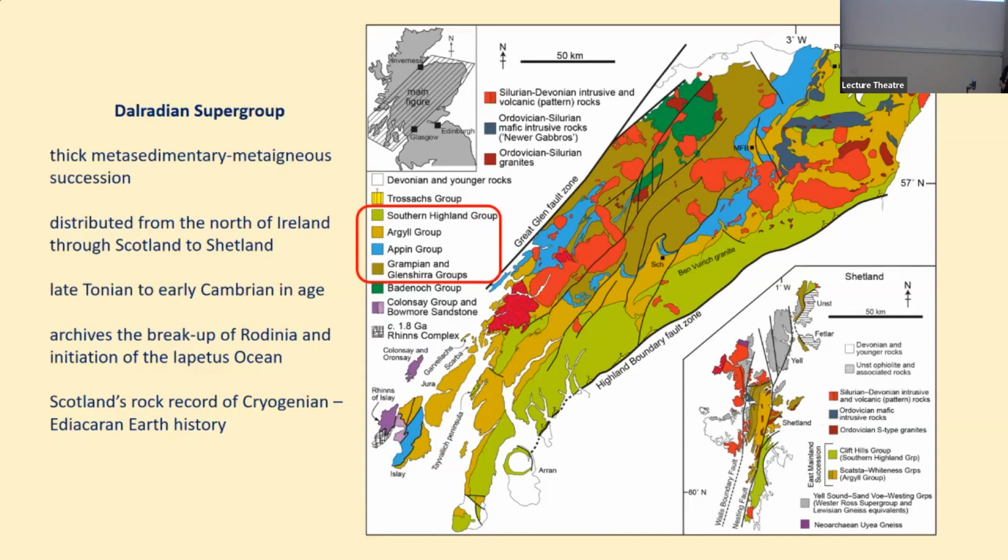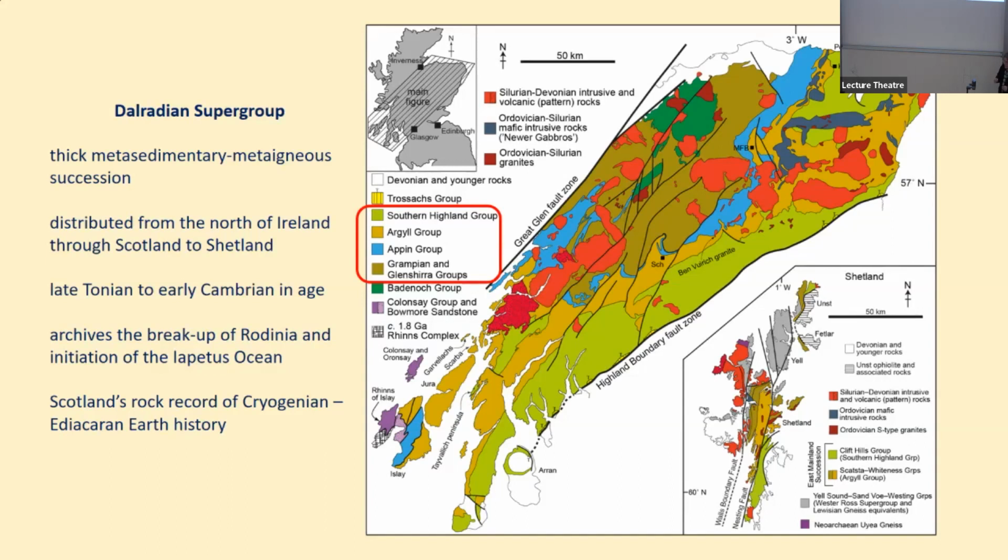For many people interested in the tectonic or geodynamical evolution of this part of at least the North Atlantic realm, and I will come back to that, it does archive our understanding of the makeup and breakup of what people now refer to as the Rodinia supercontinent. So it gives us some insight into supercontinental tectonics.